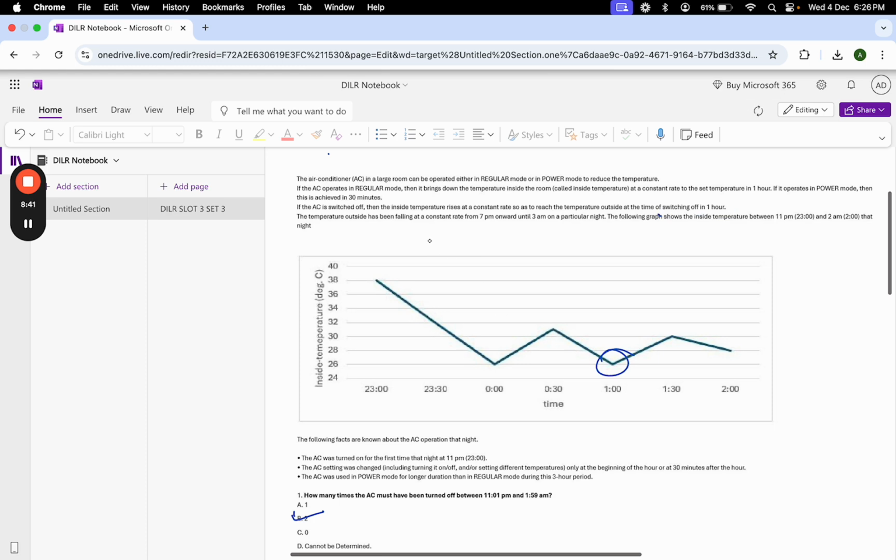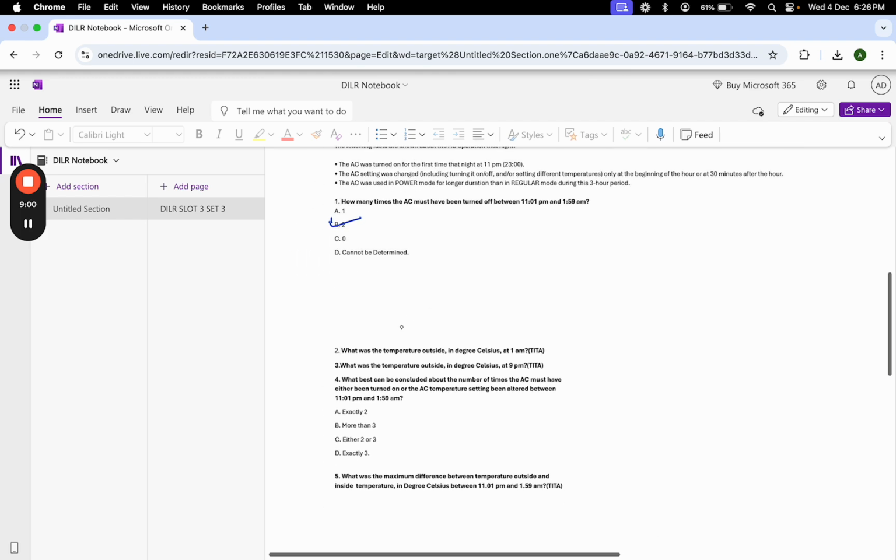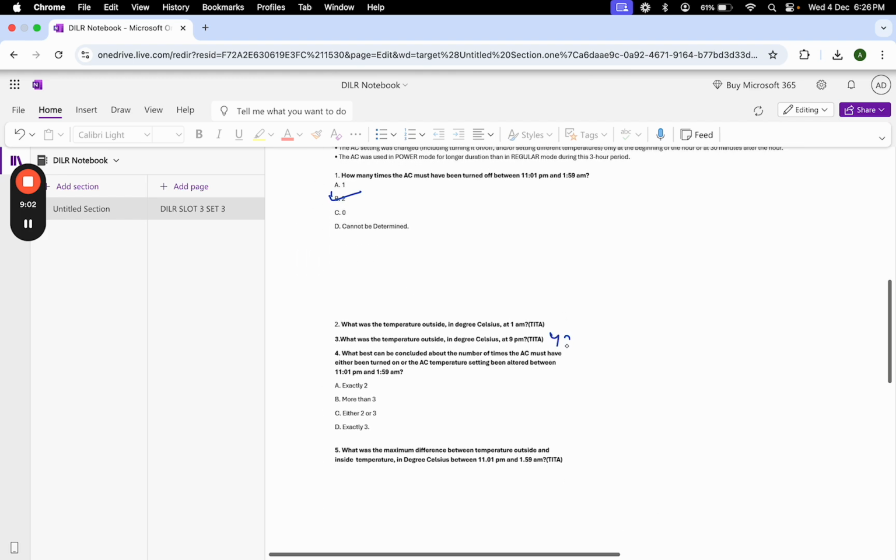So if at 11, 12, 1 it is 34, 36, 38, and the temperature is falling at a constant rate from 7 p.m. till 3 a.m., the answer would be 42.